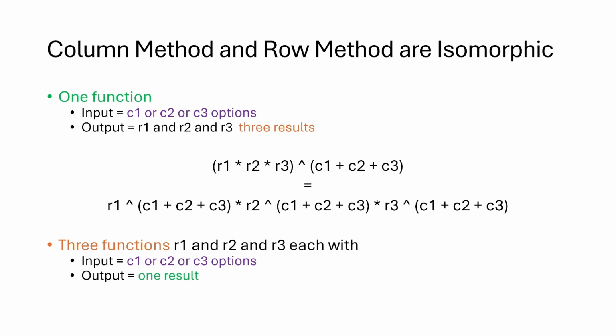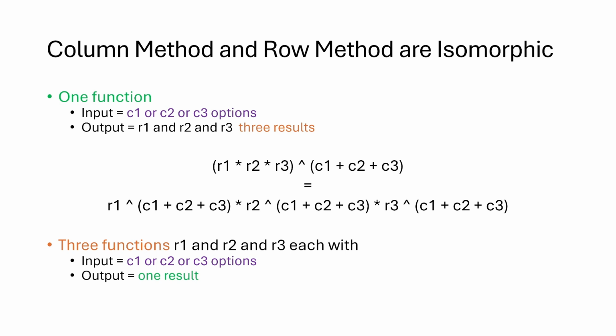Because this is the same chart, it sort of means that the column method and the row method are both valid ways of interpreting the same chart, so they have to be related to each other or isomorphic. You can interpret the column method as being one function that has 3 inputs, and each one of these inputs is going to case analyze and give you a tuple of 3 results.